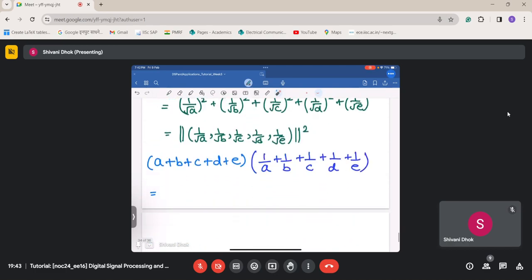So I can write this as the norm of root A, root B, root C, root D, root E, squared.